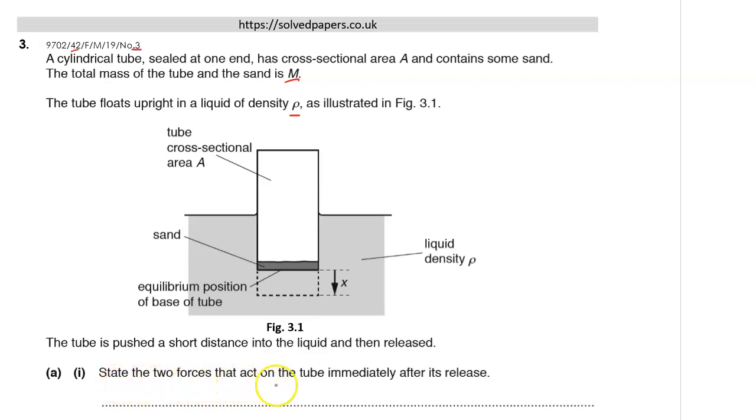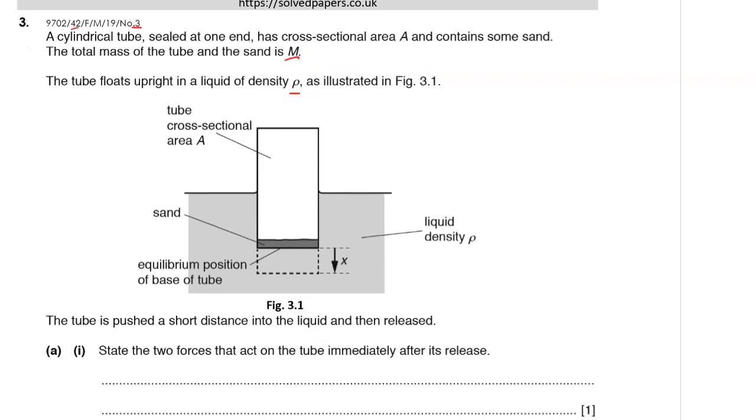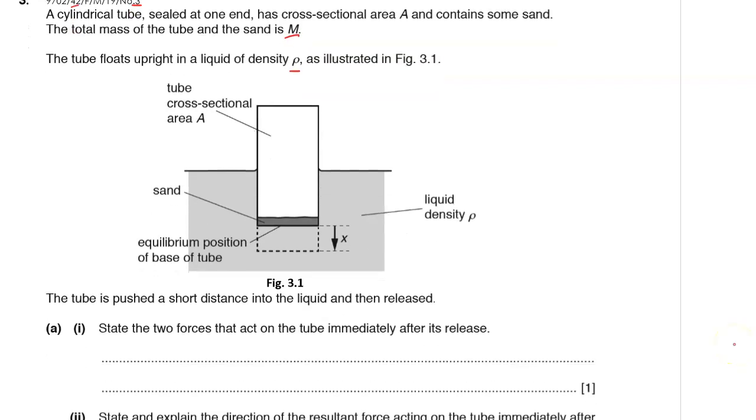State the two forces that act on the tube immediately after it is released. Of course, there is the upthrust due to the displaced volume of water, and the weight of the tube.